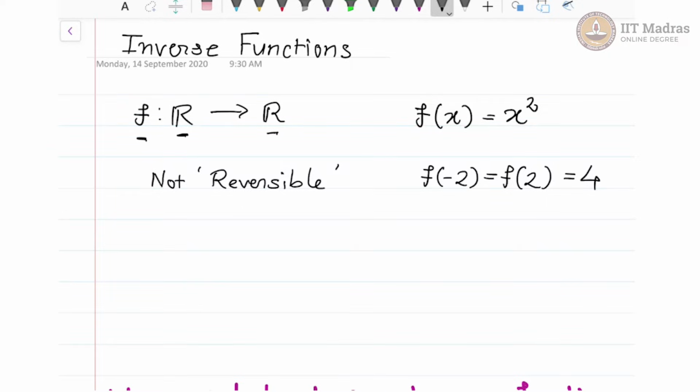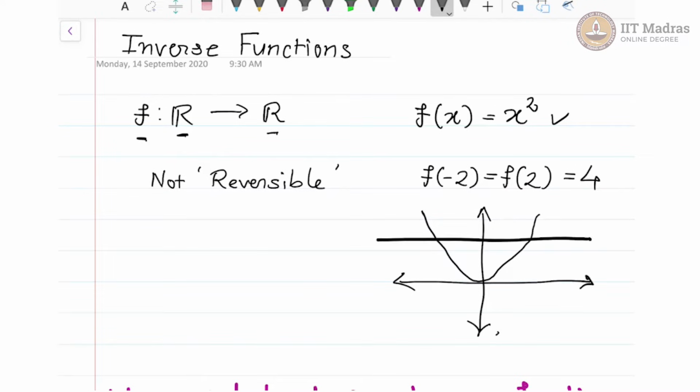The immediate answer is a very well known function that we have seen, f(x) = x^2. This function is not reversible because it fails the horizontal line test, if you remember. If I plot y = x^2, it will look something like this, and when I pass a horizontal line through it, it passes through 2 points, let these points be 2 and -2.